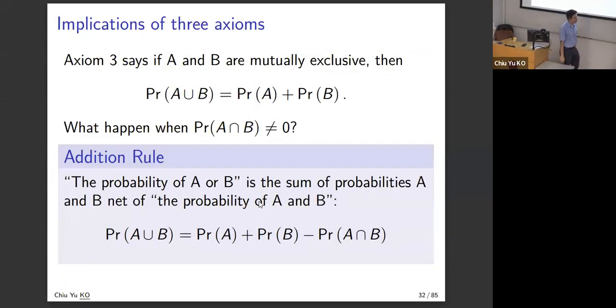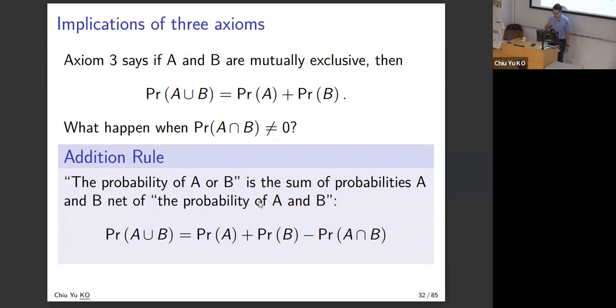Another thing is the rule for when you want to calculate a union, but the events are related, right? So the rule is this addition rule. It simply means that the probability of A union B is the probability of A plus the probability of B minus the probability of A intersect B, right?